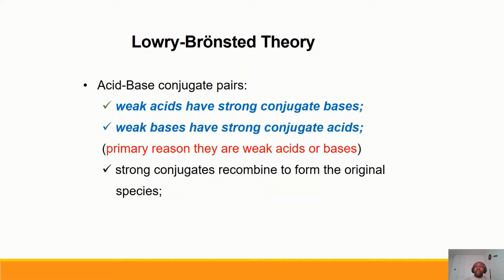Because if they produce a strong conjugate, that means the strong conjugate is going to recombine and go back to the original reactant. If they were strong acids or bases, they would be supposed to dissociate completely. But if they don't dissociate completely and go back to the original, then they are weak acids or weak bases.